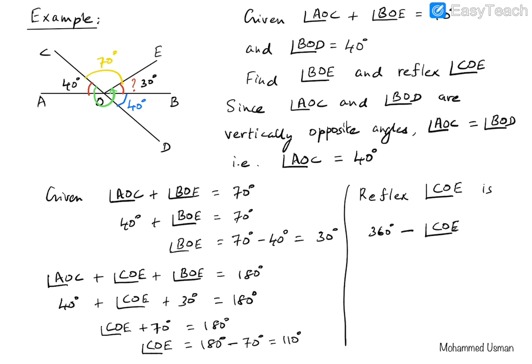So you have to be very clear about the distinction between the reflex angle of COE and the angle COE. So reflex angle COE is 360 degrees minus 110 degrees. So that will be 250 degrees.